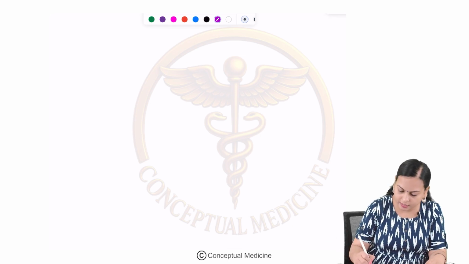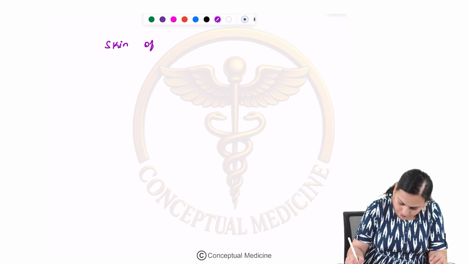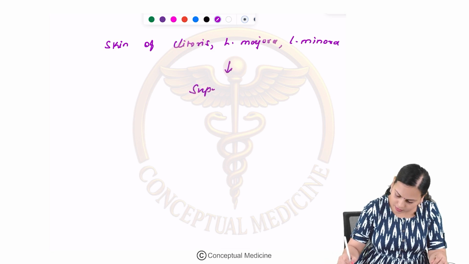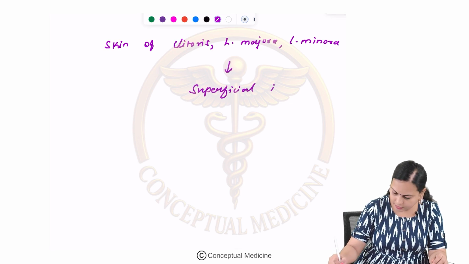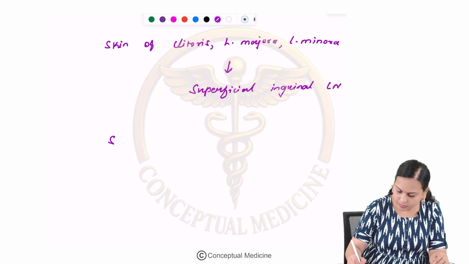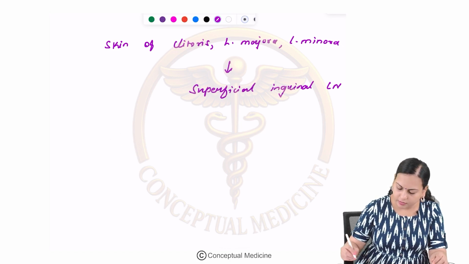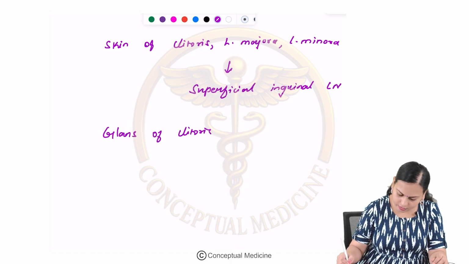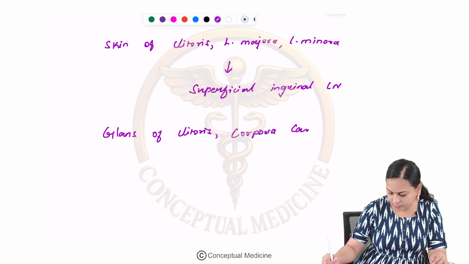The lymphatics that are from the skin of clitoris, labia majora and labia minora will be draining into the superficial inguinal lymph nodes, and then the lymphatic drainage from the glands of clitoris and corpora cavernosa, that is the muscle inside the clitoris.